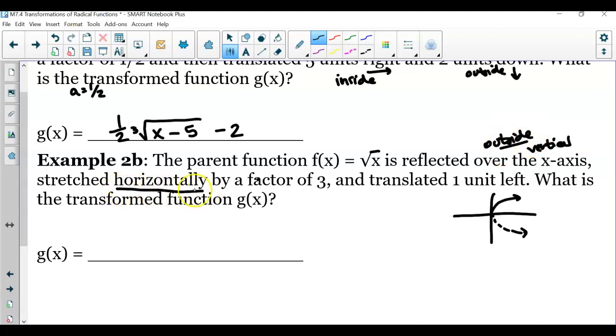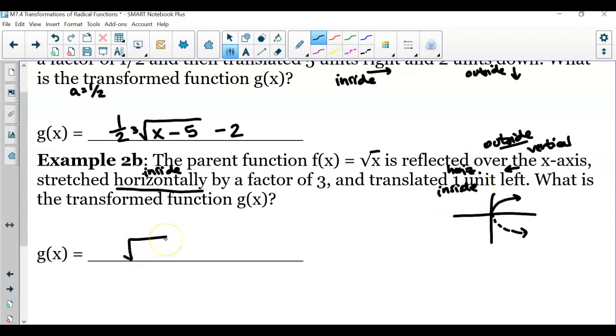Stretching horizontally by a factor of 3. So now that means that this is on the inside. But remember, this is going to be our tricky one, so we'll get to that. And translating one unit to the left, which is again another horizontal, which is on the inside.